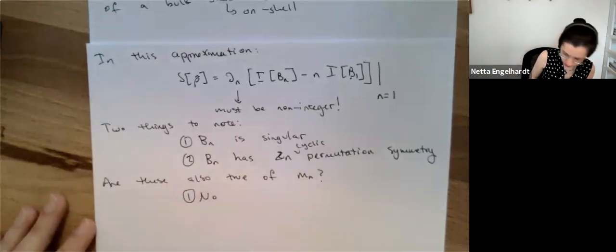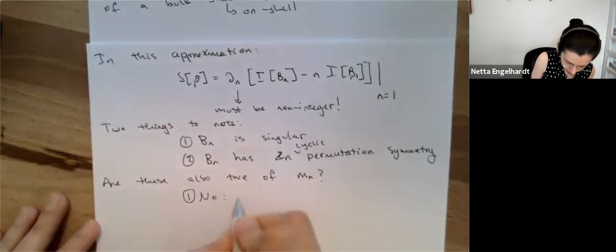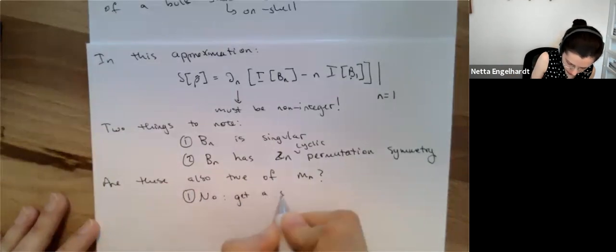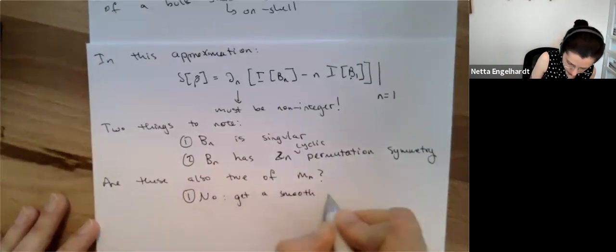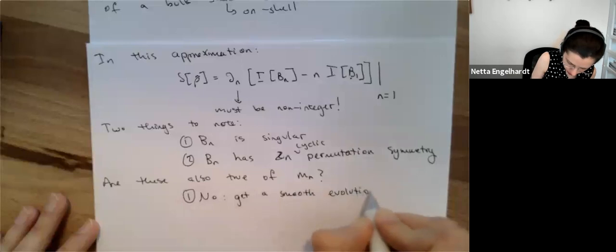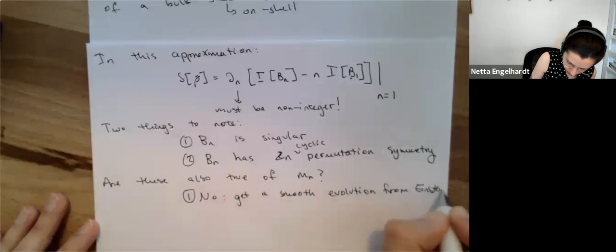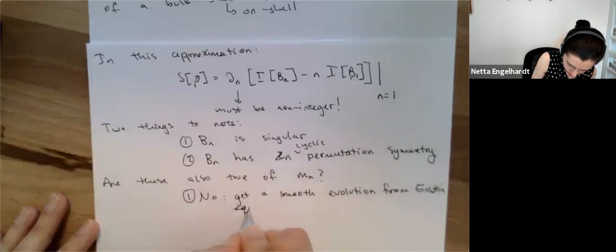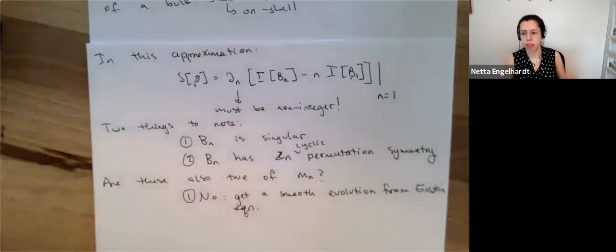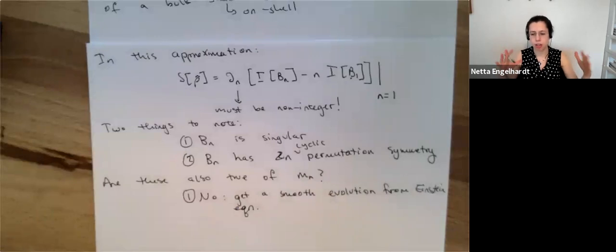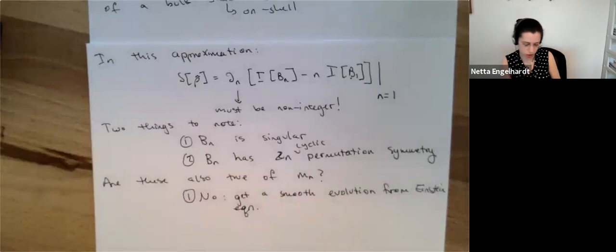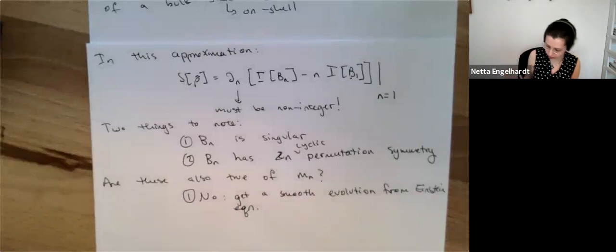The answer is no, because we get a smooth evolution from the Einstein equation. We start out with this singular geometry, but evolving towards the bulk immediately smooths it out. So that's good. We prefer dealing with smooth things than with singular things.